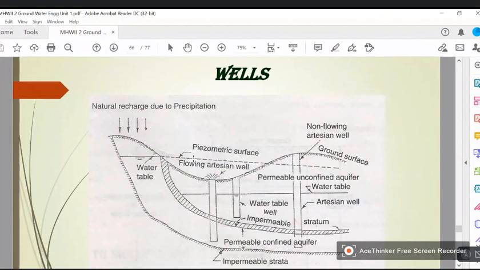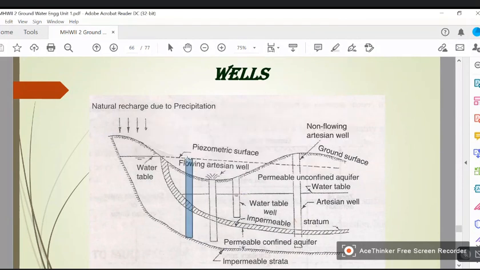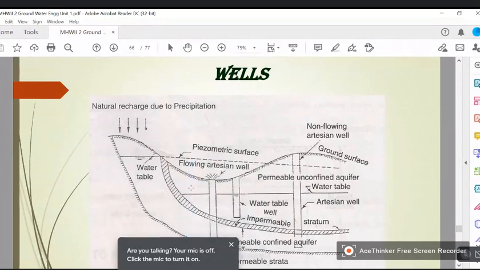if suppose there is a well here, and so this is H1 and this is H2. Let us consider a well here.